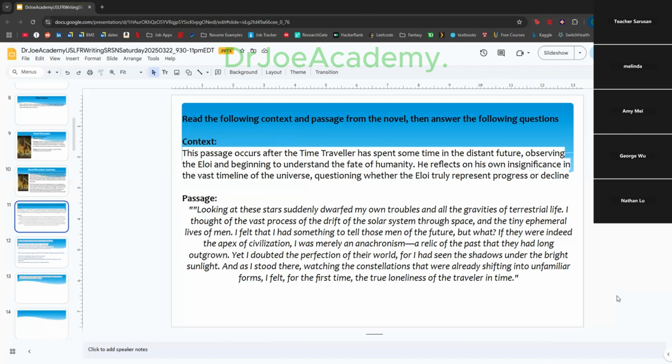I felt that I had something to tell those men of the future, but what? If they were indeed the apex of civilization, I was merely a chasm, a relic of the past that they had long outgrown. Yet I doubted the perfection of their world, for I had seen the shadows under the bright sunlight. And as I stood there watching the constellations that were already drifting into unfamiliar forms, I felt for the first time the true loneliness of the traveler in time.